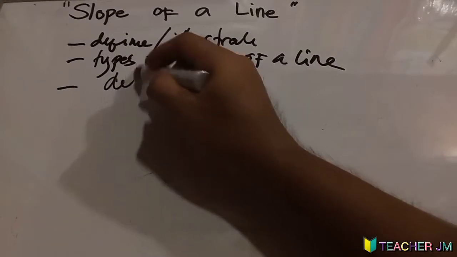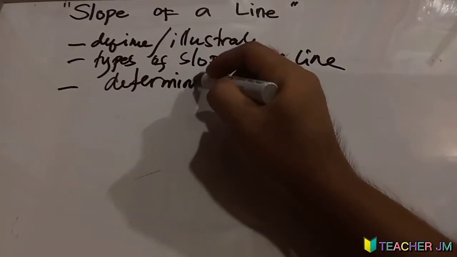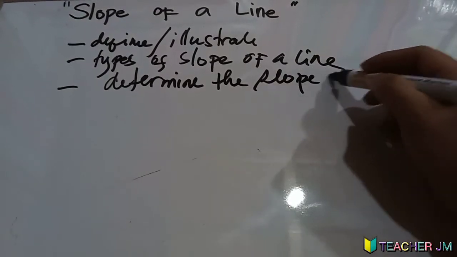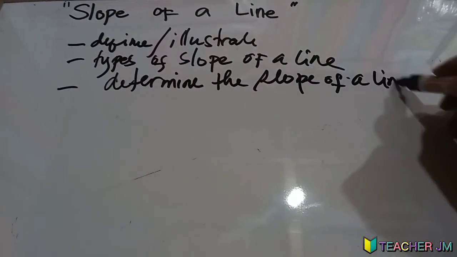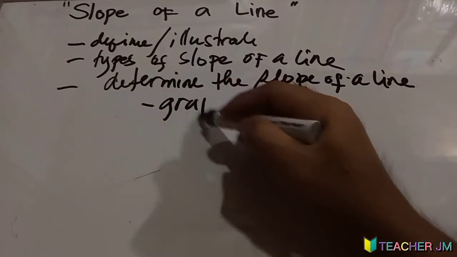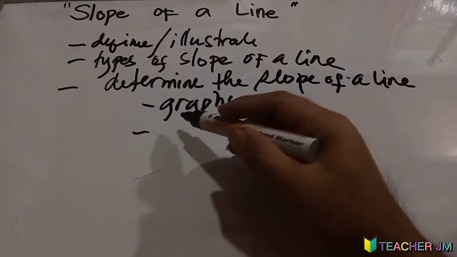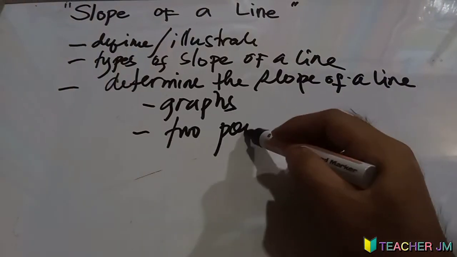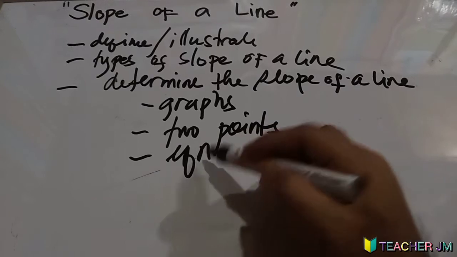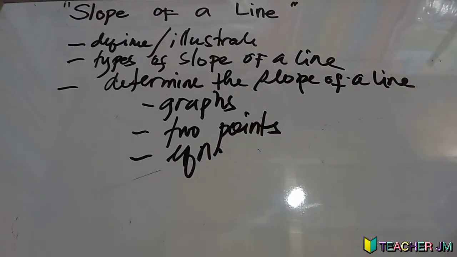So, i-determine natin ang slope of a line if it is the graphs, so 2 points, and the last one is our equation. Okay.